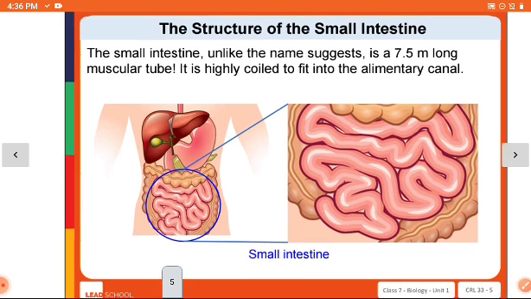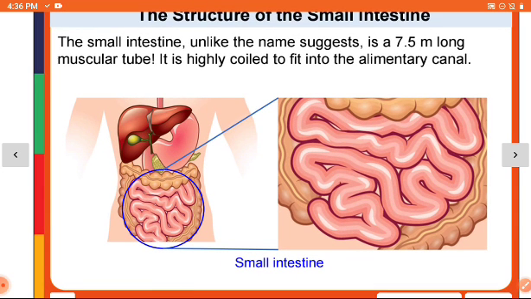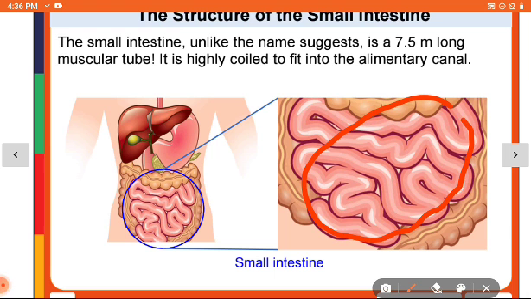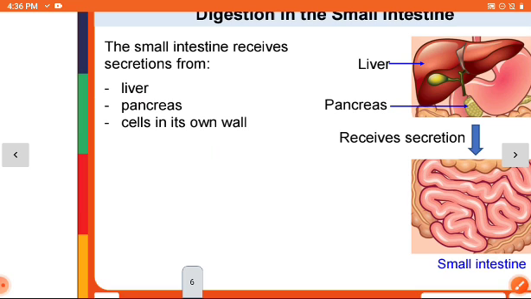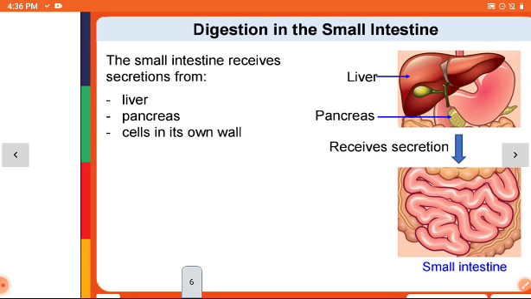So in this slide, this 7.5 meter long tube is known as the small intestine. Digestion in the small intestine: the small intestine receives secretions from the liver, pancreas and cells in its own walls.